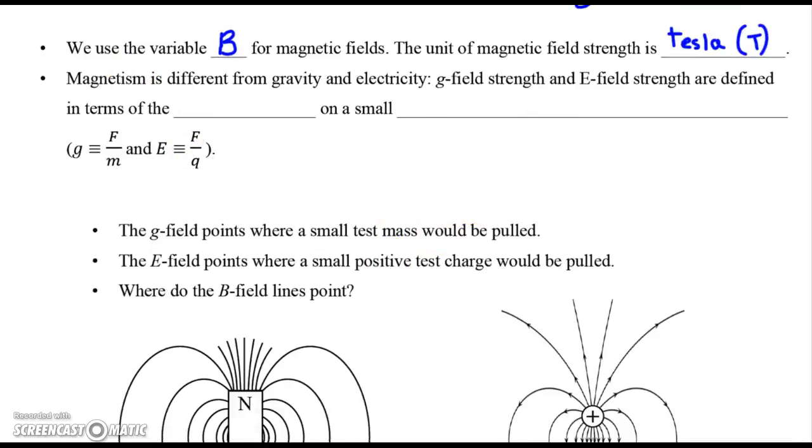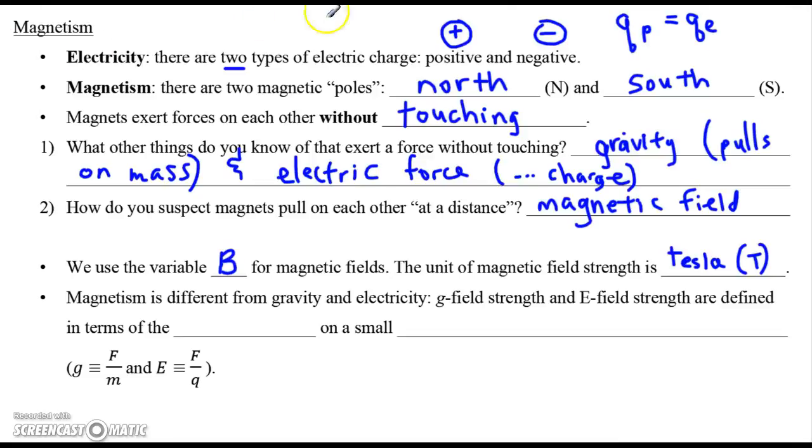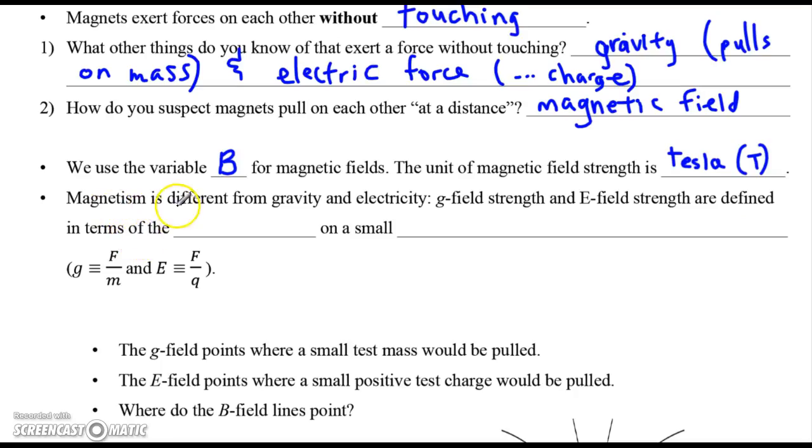Now, magnetism is different from electricity and from gravity. We already saw one difference, right? In electricity and electrostatics, you have individual positive charges, individual negative charges. In gravity, you have individual masses. But in magnetism, there is no such thing as an individual North Pole separate from a South Pole. And here comes a second difference. When we talk about the strength of the field, how strong is the field? For the case of gravity and electricity, we define that strength in terms of the force acting on a small test particle.